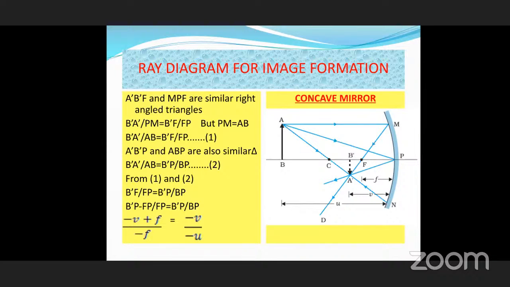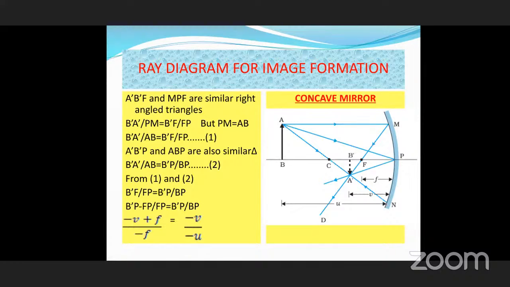image. First we have taken the small triangle with the image, and now with the object. Again, ABP you can consider a big triangle. ABP is also a right angle triangle, and another one is A dash B dash P. As above, we have taken A dash B dash F, here we have taken A dash B dash P. And again, here also comparing B dash A dash by AB.